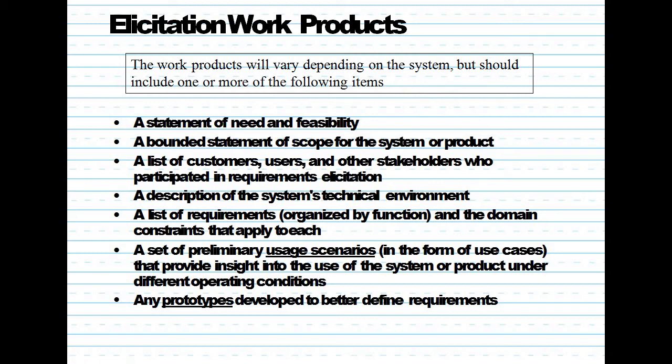The work products will vary depending on the system but should include one or more of the following items: a statement of need and feasibility, a bounded statement of scope for the system or product, a list of customers, users, and other stakeholders who participate in requirement elicitation, a description of the system's technical environment, a list of requirements and the domain constraints that apply to each, a set of preliminary usage scenarios that provide insight into the use of the system or product under different operating conditions, and any prototypes developed to better define the requirements. So these are the elicitation work products.